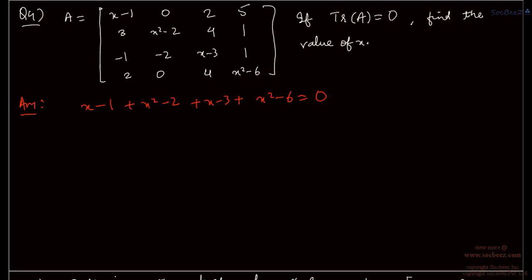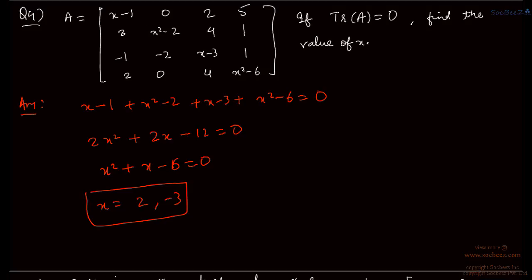Now just simplify this. So you have 2x square plus 2x minus 12 equal to 0, right? 2 can be taken common, so I have x square plus x minus 6 equal to 0. Well, the roots are nothing but 2 and minus 3. Right. That's it. Find the value of x and you know that x is either 2 or minus 3.